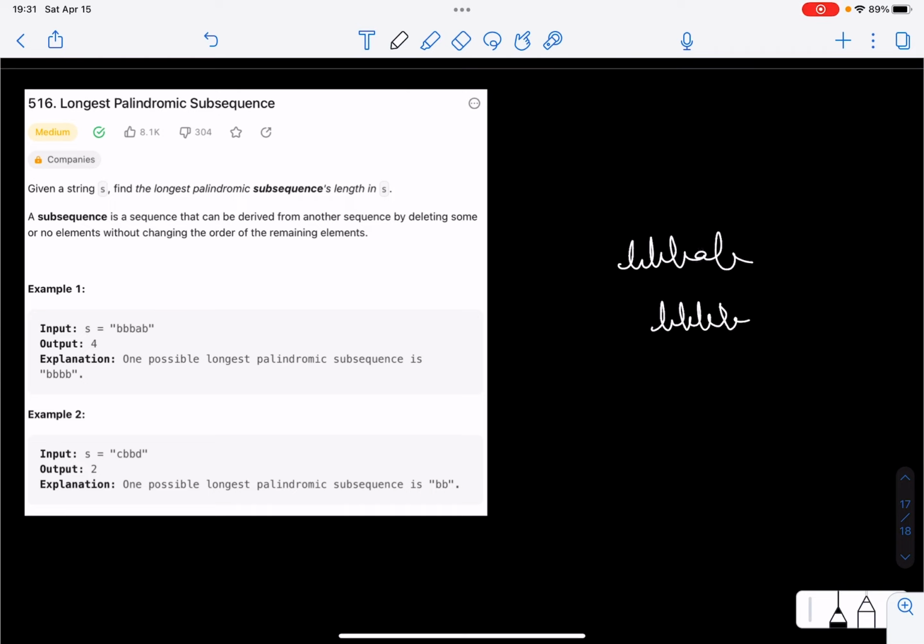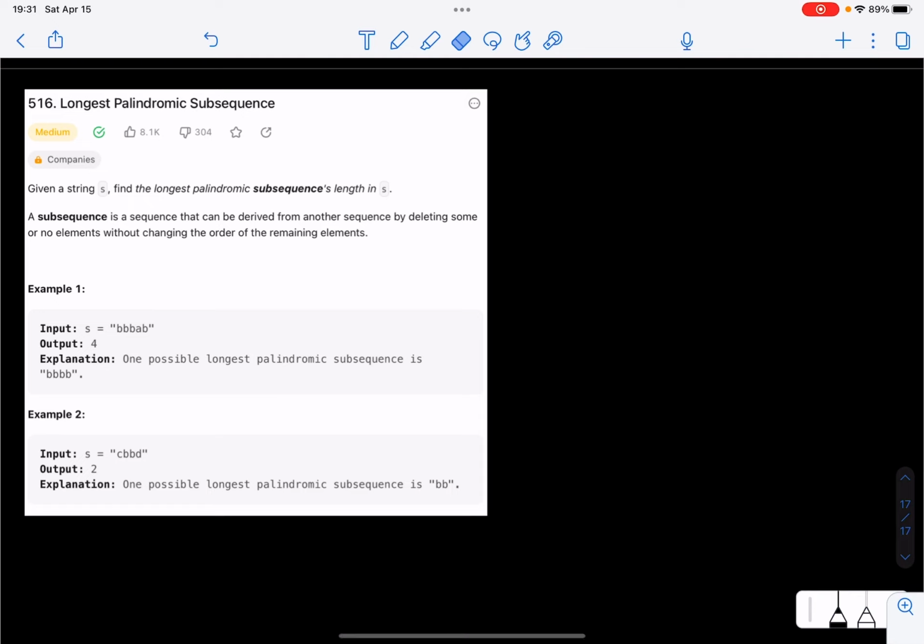So it's a subsequence and it is also a palindrome. BBB is a palindrome because it reads the same from the left to the right, and it is also the longest palindrome because other possibilities are BB or BBB, but BBBB with four B's is the longest palindromic sequence, and hence the answer for this is 4.